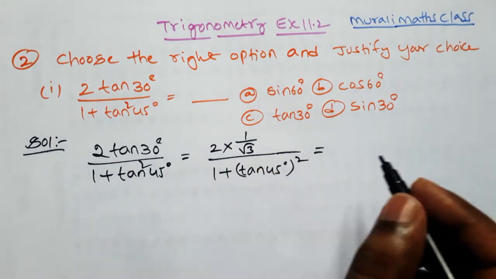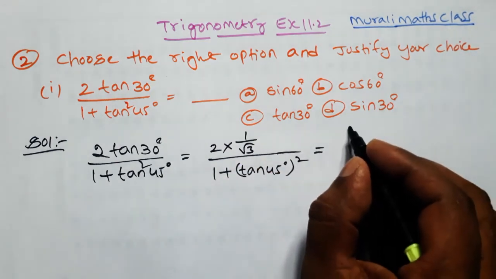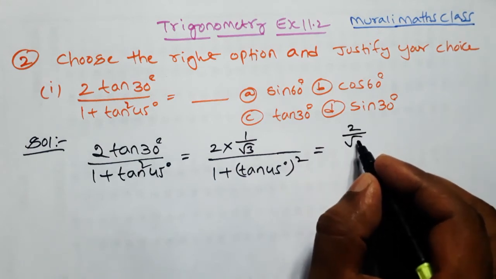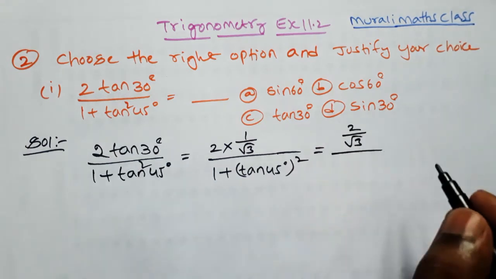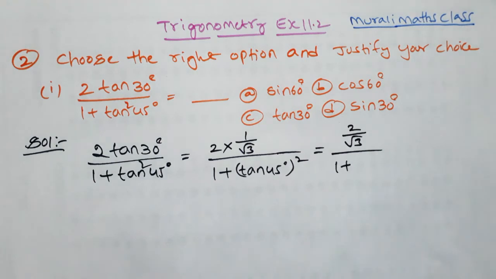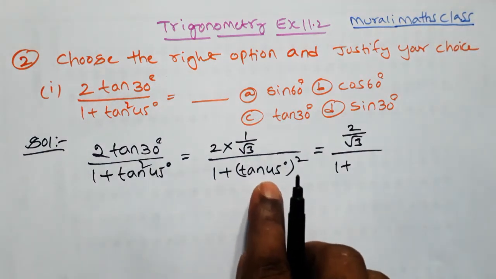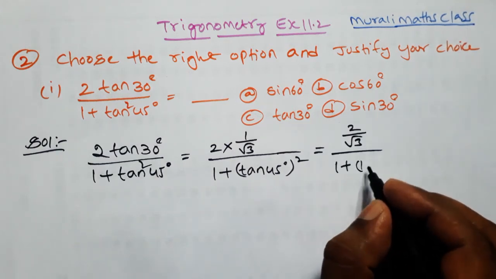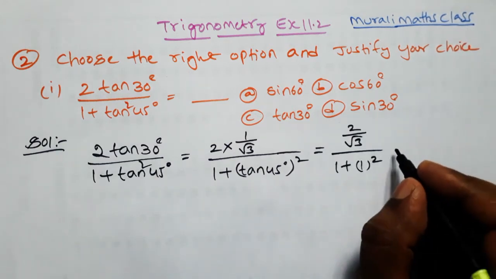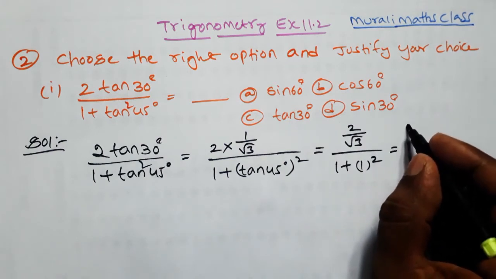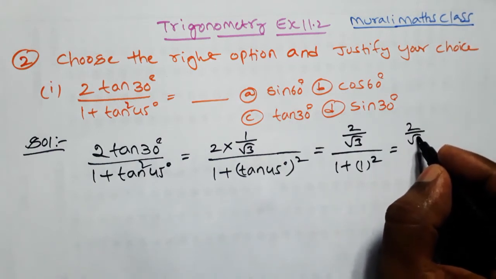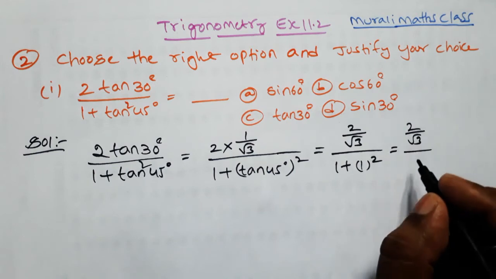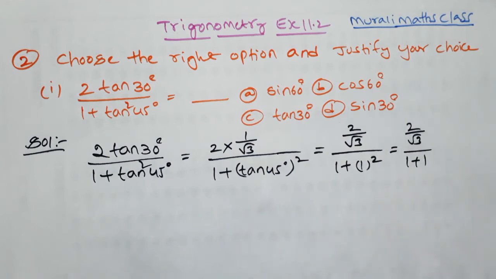Okay, equals 2 into 1 by root 3, we can write 2 by root 3, divided by 1 plus tan 45 answer. Tan 45 answer is 1, so 1 square equals 2 by root 3 divided by 1 plus 1. 1 square is 1.